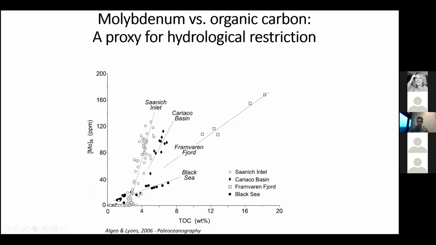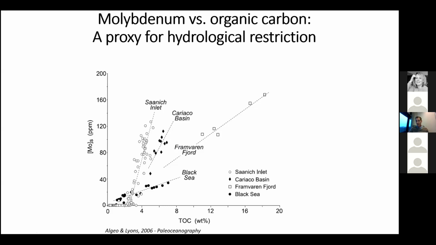So the Saanich Inlet in Canada is an open system with water mass renewal of about a year. And then these basins show more and more restriction. So the Black Sea is, of course, one of the most restricted basins in the world, with a residence time for the waters between 1,000 and 4,000 years.